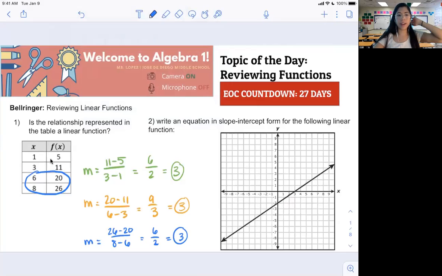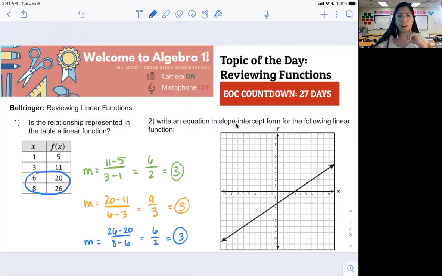Okay, so again, don't just trick yourself into looking for patterns because the math never lies. As long as you use the formula, you will always know for sure. Okay, any questions? Cool. I'll leave that up.